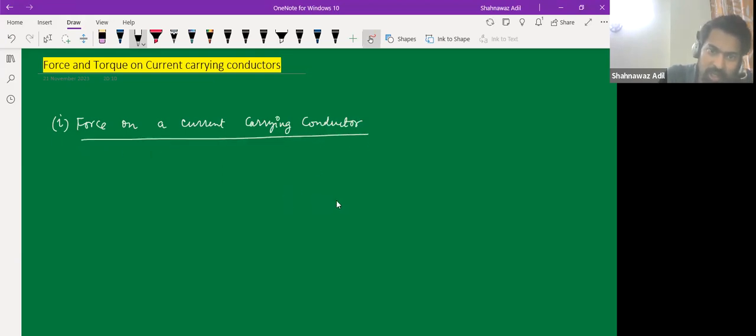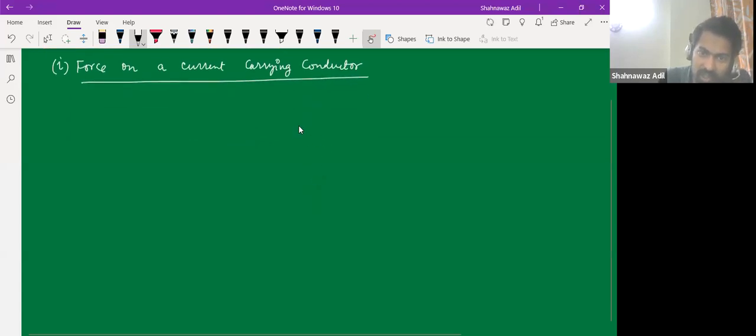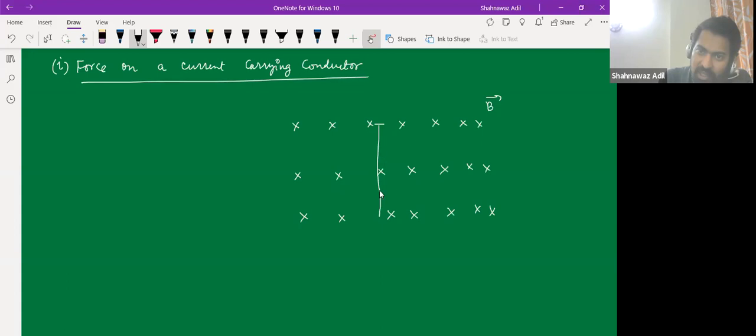Let's say we are representing the magnetic field like this. This shows that the magnetic field is acting inwards, going into the board, into the screen. Then we have this current carrying wire, which has a length L, and this is I. In this case, what would be the force on this current carrying wire experienced due to this external magnetic field?